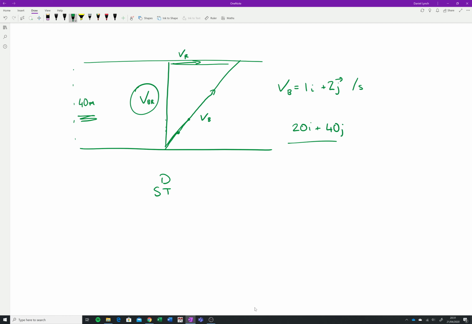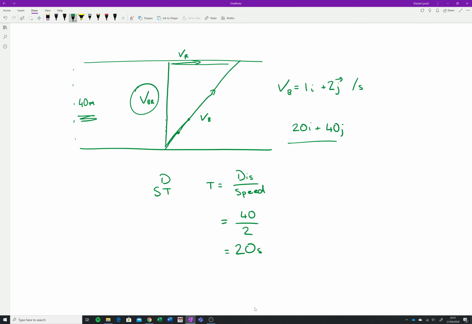We know that the time taken is equal to the distance divided by speed. If we're only interested in what it is going up the way, if you like, in order to cross, the distance that we've got to cross is 40, and it was going up 2 meters every second.